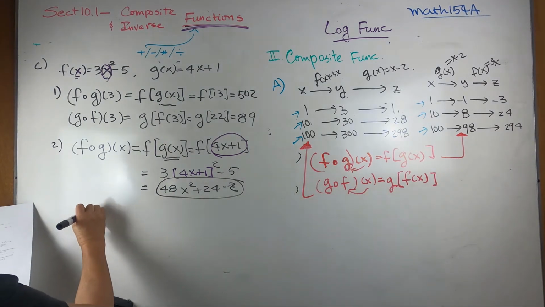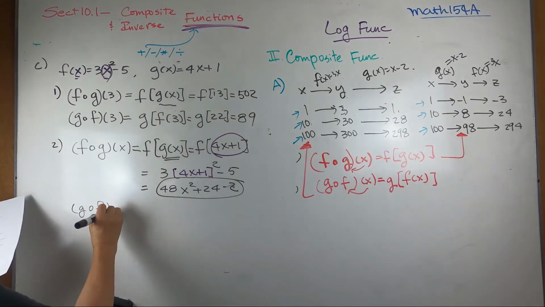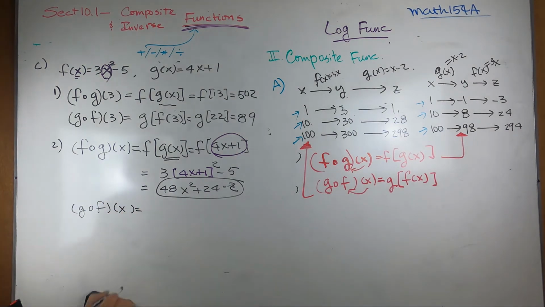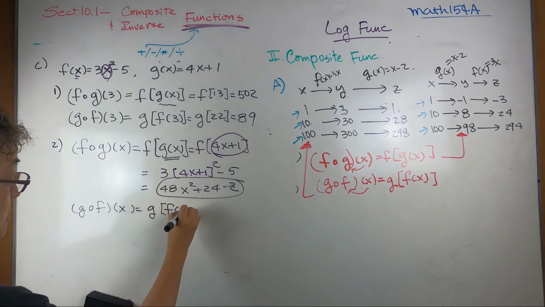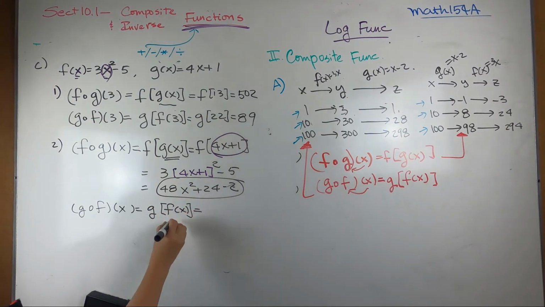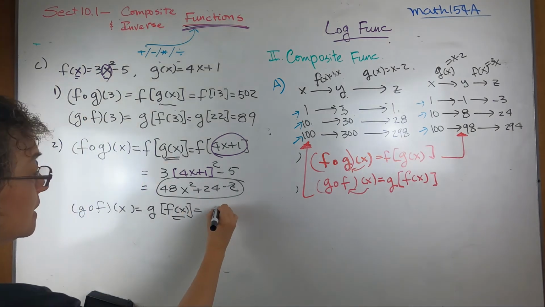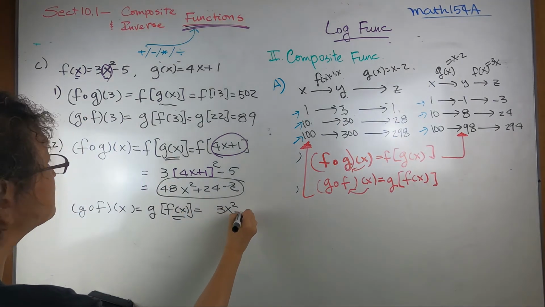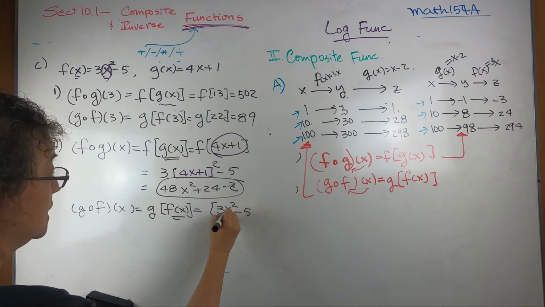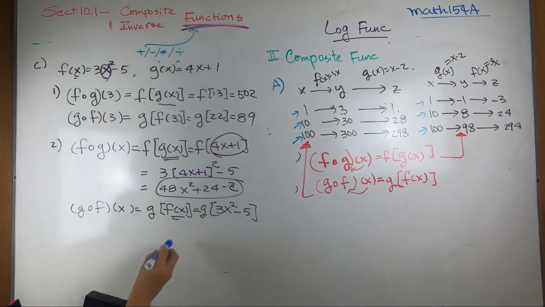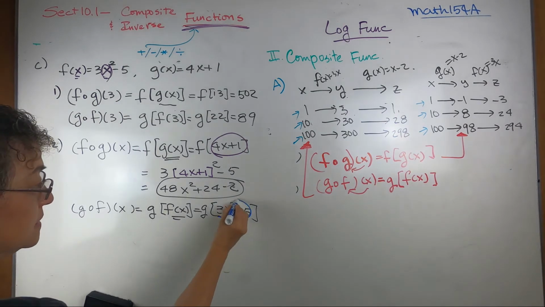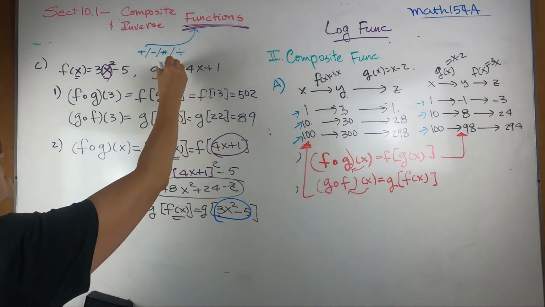If we say G of F of x, what do we need to do? We need to do f of x first, right? Then you know f of x is this guy, 3x squared minus 5. Now we are going to put this guy into G place.